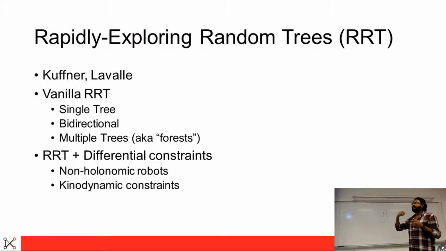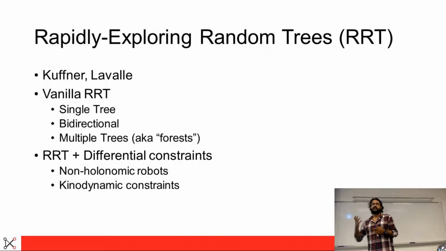You can also augment RRTs with differential constraints, which means that if you just were to plot a path, that's not useful. As we explained in your course, you will first be doing the path planning for, let's say, a drone, and you will then be converting that into a trajectory, which is something that the drone can actually follow.